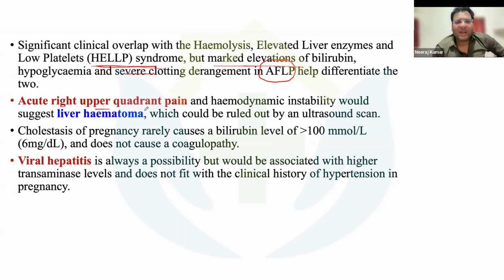If the patient has right upper quadrant pain, and if hemodynamic stability is there, you can think of liver hematoma. Cholestasis of pregnancy cannot cause a very high rise in bilirubin, and viral hepatitis is always associated with higher levels of transaminitis, maybe in the tune of 500 to 1000, not up to 100.